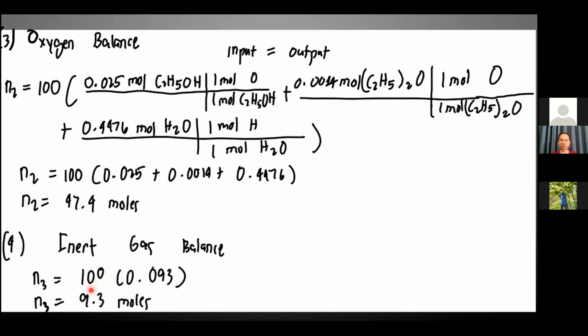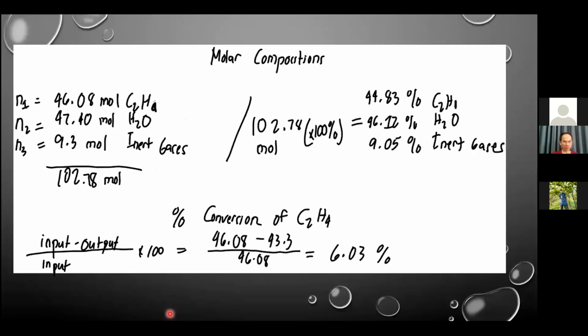So after that, we get the value of entry, which is 9.3 moles of inert gas. Then after we know the values of the input, which is 46.08 moles of C2H4 ethylene, 47.4 moles of H2O water, and then 9.3 moles of inert gases.